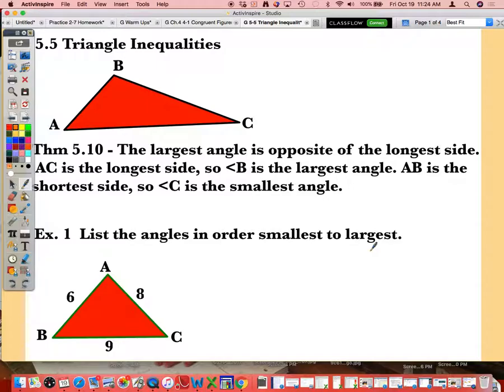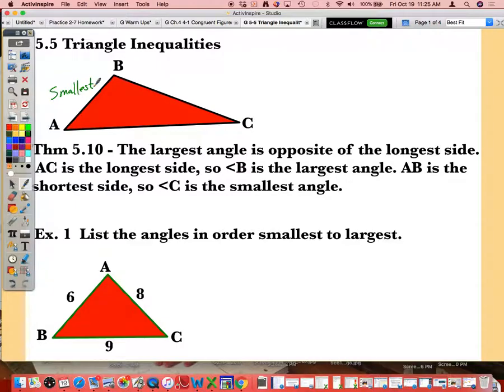So now the question you want to ask yourself is this. What is the smallest side? So when we look at this picture up here, what side would you say is the smallest side? Segment AB. Okay, so let's write small up here. You can look at that and that's obvious.